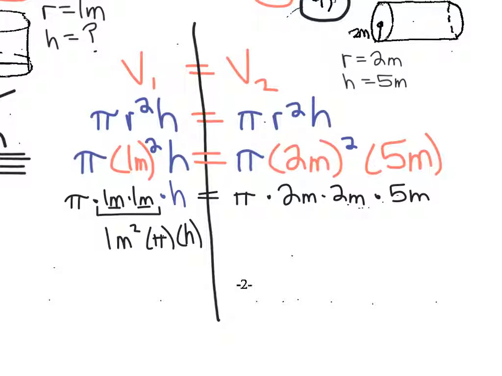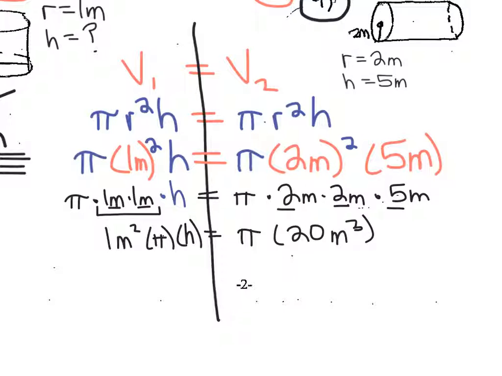Okay? Just simplify that. On the right side, I'm going to leave pi as itself, and I'm going to multiply 2 times 2 times 5, which is 20 meters. We are multiplying meters by itself 3 times. So that would be times 20 meters cubed.